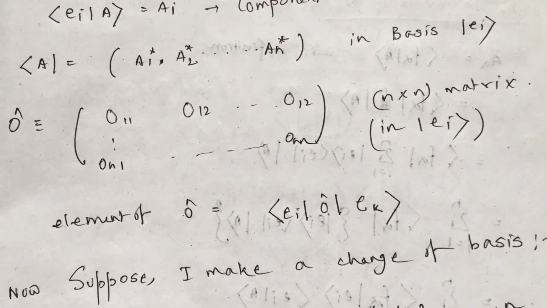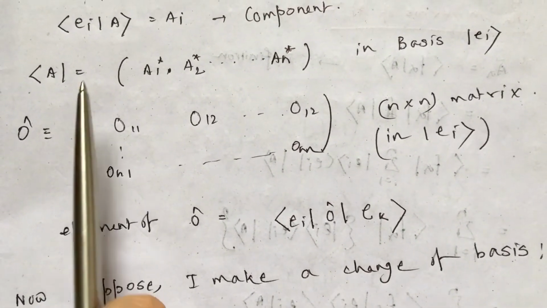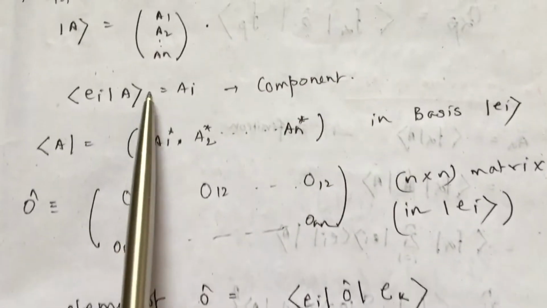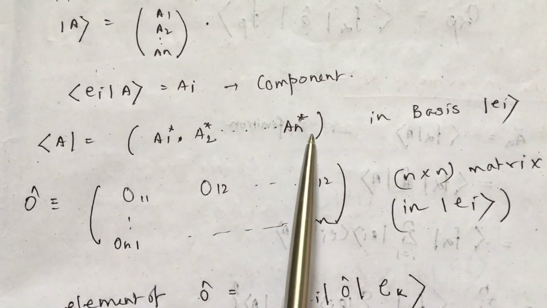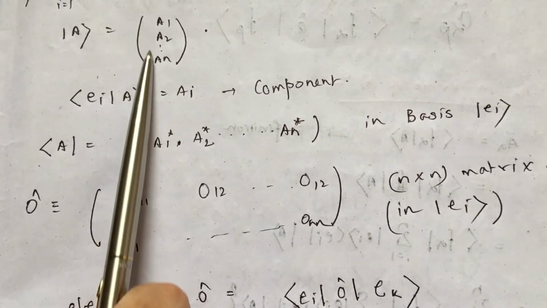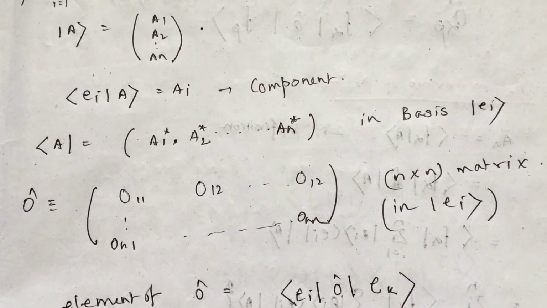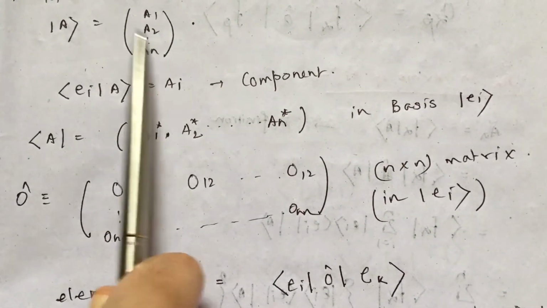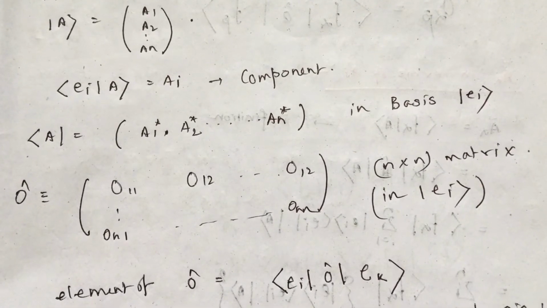Now in the e_i basis, if I make this ket vector a bra vector, the column matrix becomes a row matrix, and as we are dealing with a complex space, each element will be the complex conjugate of this ket vector |A⟩.